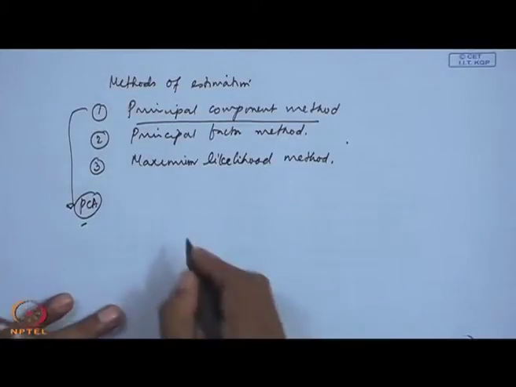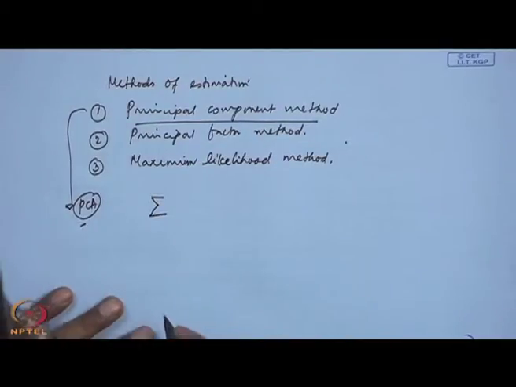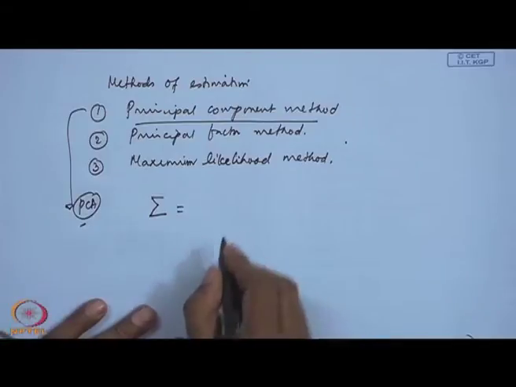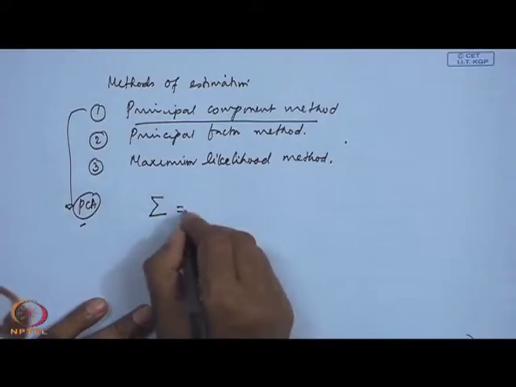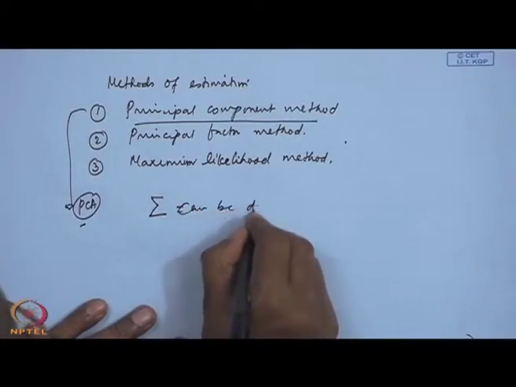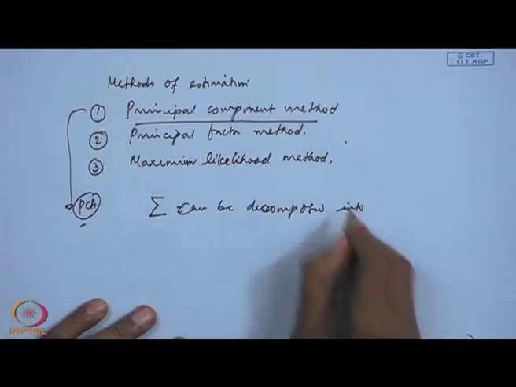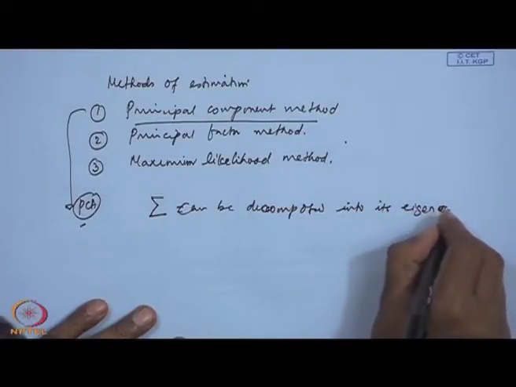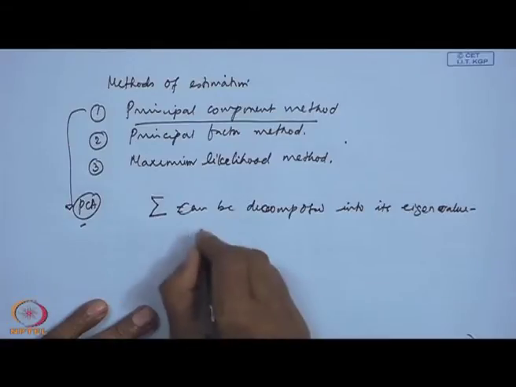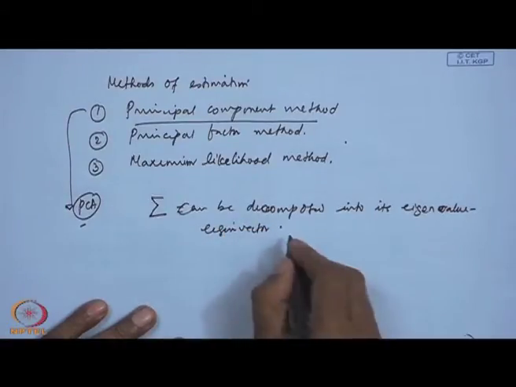In PCA, you have considered the population covariance matrix, and we say that this can be decomposed into its eigenvalue and eigenvector pairs.